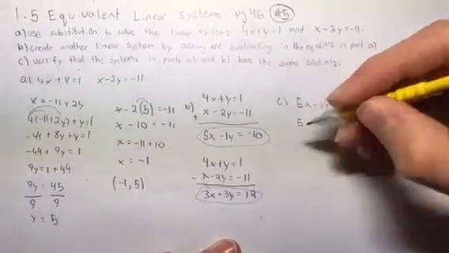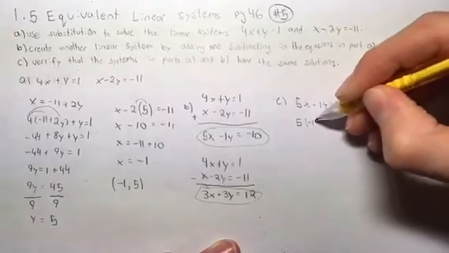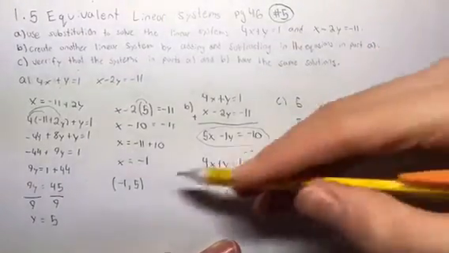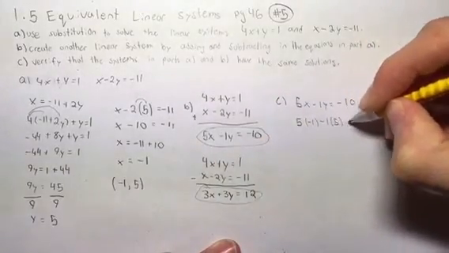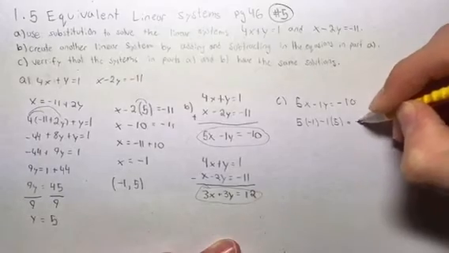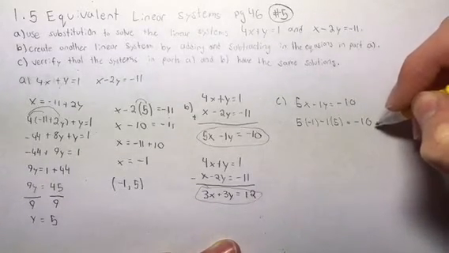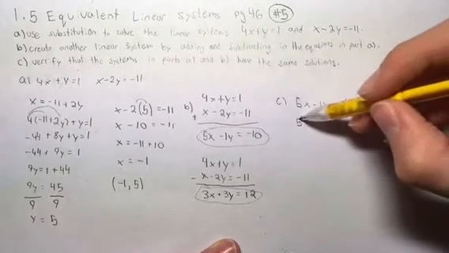So 5 and then x equals negative 1, and then minus 1y, which is 5, equals negative 10. Okay, so now we have to multiply.